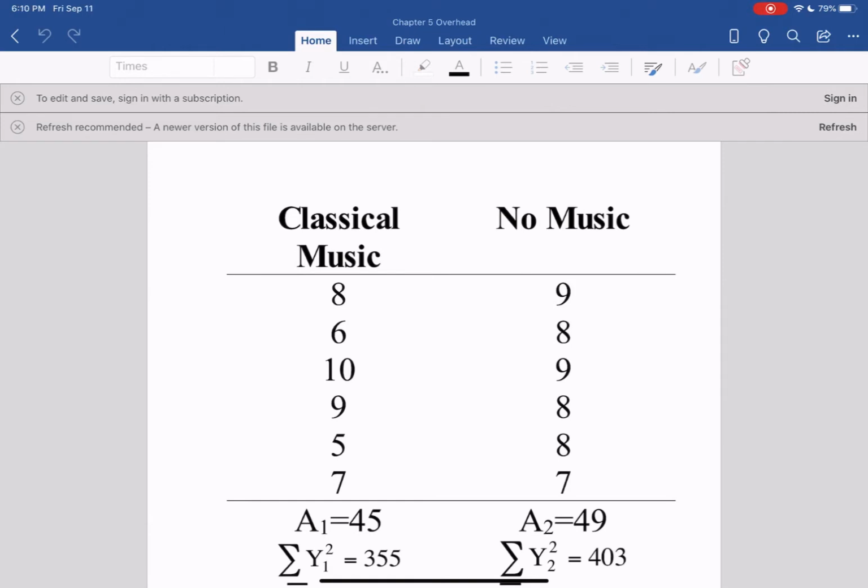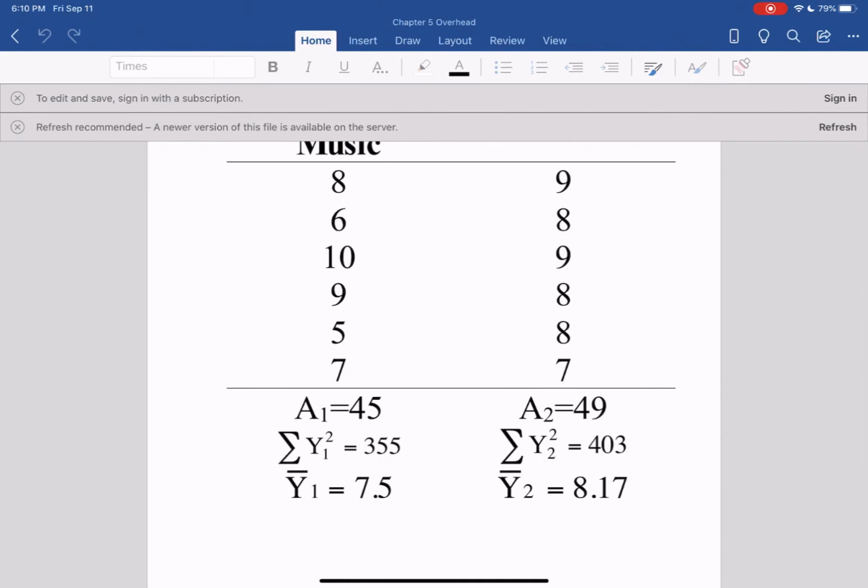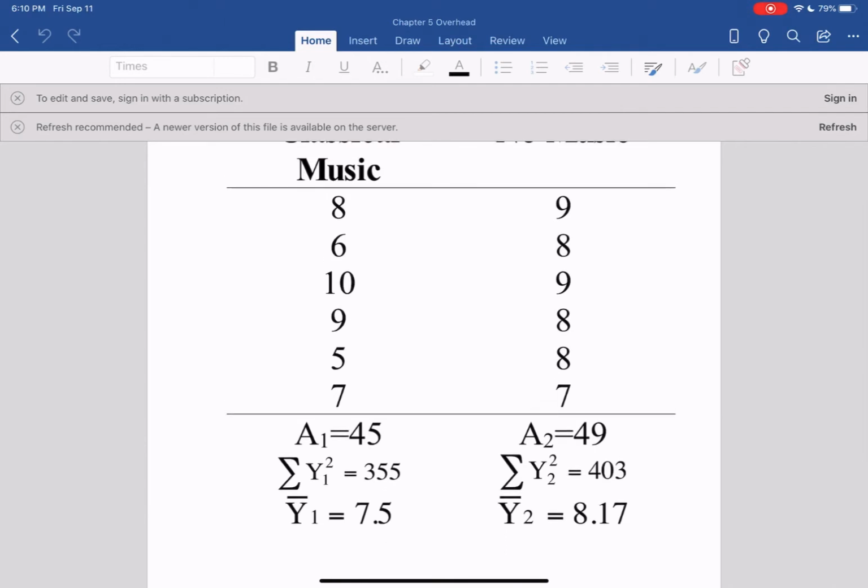Those are their quiz scores. Then we have A1, the total for group 1, which is 45, and A2, the total for group 2, which is 49. We also have the sum of y squared, which you get by taking each score and squaring it.